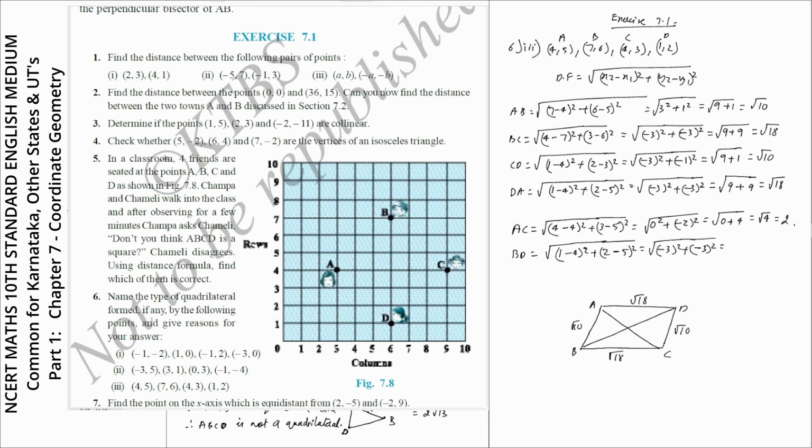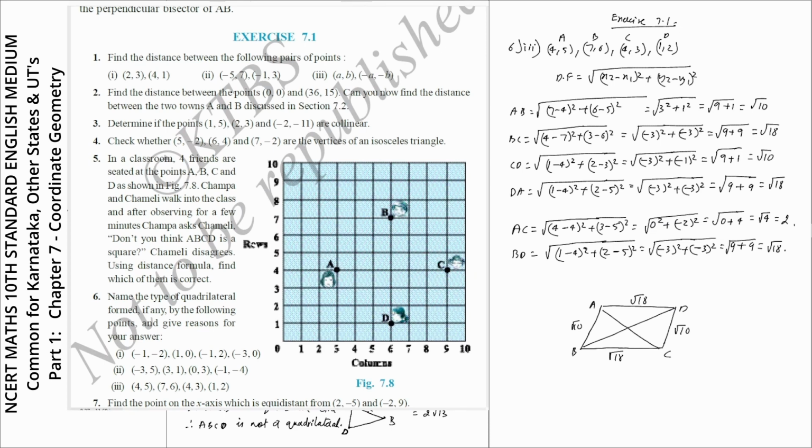So minus 3 the whole square is plus 9. Again minus 3 the whole square is plus 9. So I'll get 9 plus 9 is 18. So BD I'm getting root 18. Oh, BD can't be square root of 18. I have made some mistake.